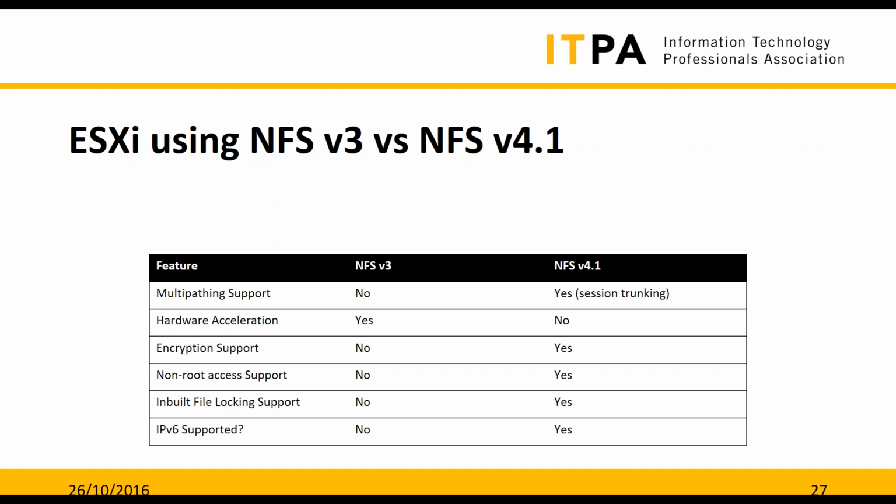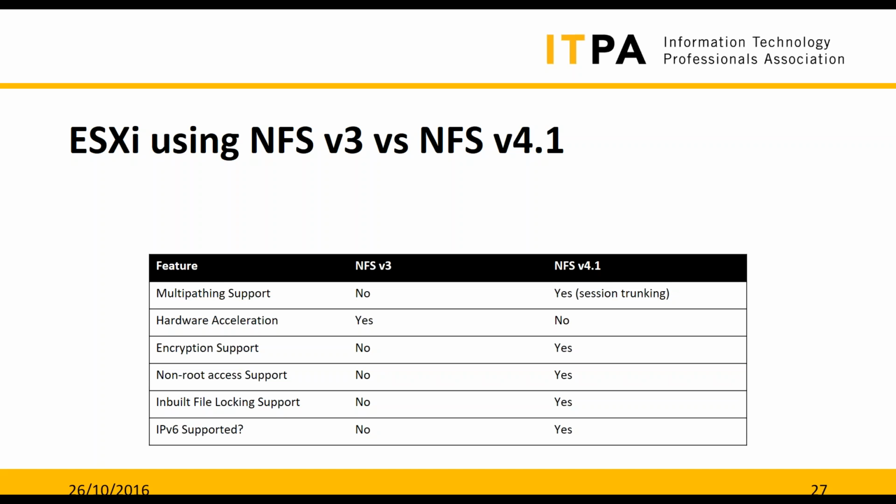Under NFS version 3, the answer is no. There's basically a one-to-one relationship on the TCP/IP stream between the storage provider and the storage client. Under NFS version 4.1, yes, they do what they call session trunking, which allows you to open multiple sessions concurrently. Hardware acceleration is supported on NFS version 3, but not on 4.1.